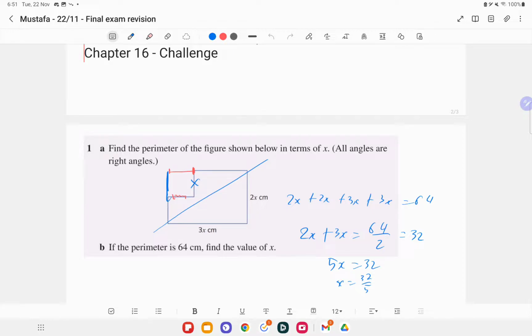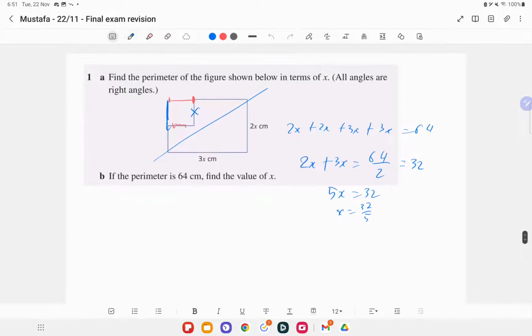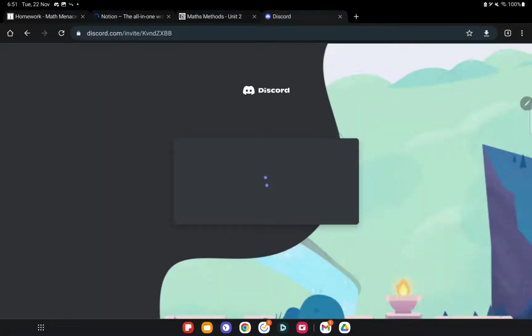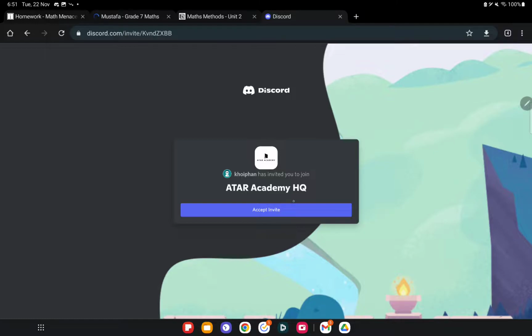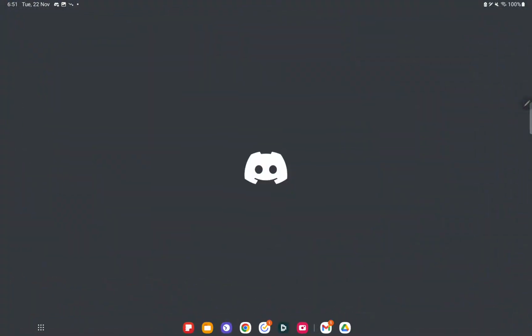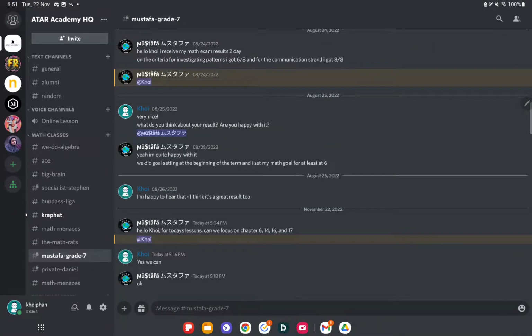The entire page is just that? No, it's just a question, it's fine. Including the working? No need for working. The teacher's working, okay. Just send me on Discord, it'll be faster.